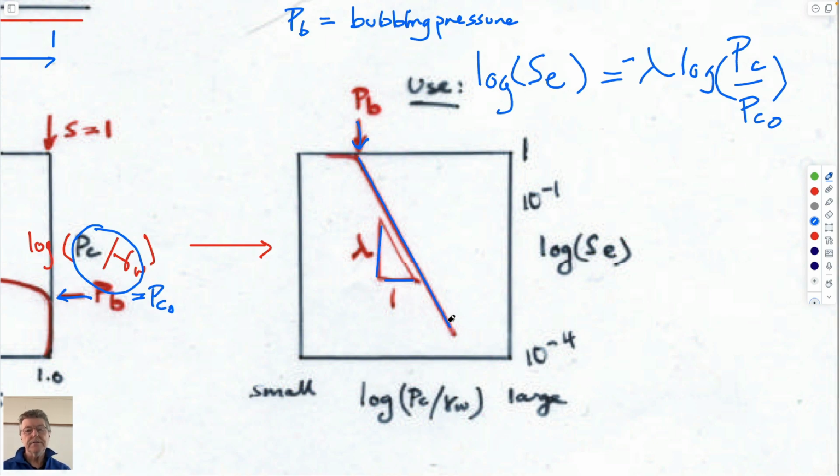The log of the effective saturation is given by the gradient of this straight line, not a curve anymore, multiplied by the capillary pressure divided by PC0. And this is PC0. And any pressure on here is just PC, which is this, right? So this is just the equation of this curve.